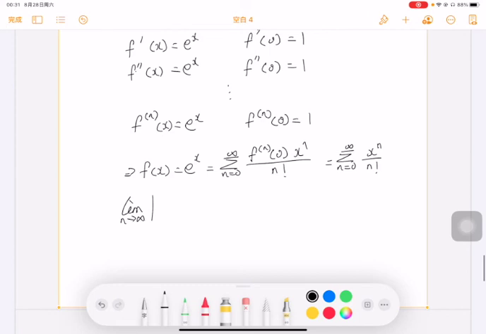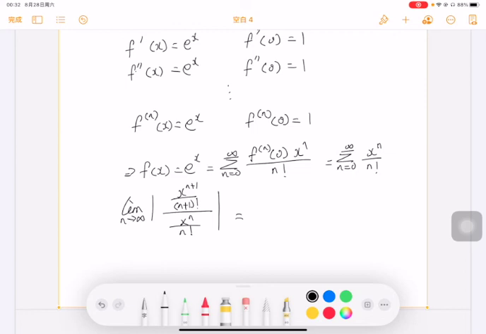I'm not going to write all of that again, but just keep in mind that the n plus 1th term is obtained by replacing n by n plus 1. So we get x to the n plus 1 divided by n plus 1 factorial, divided by the nth term, which is x to the n divided by n factorial.